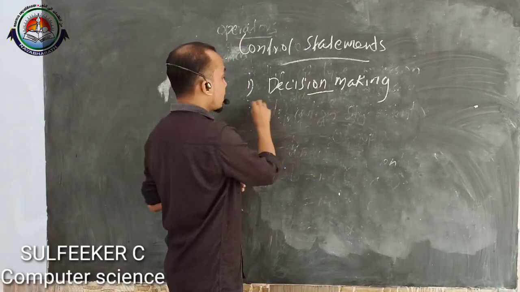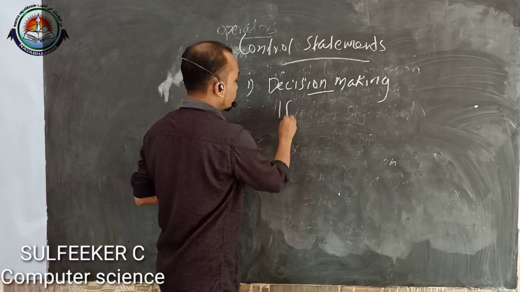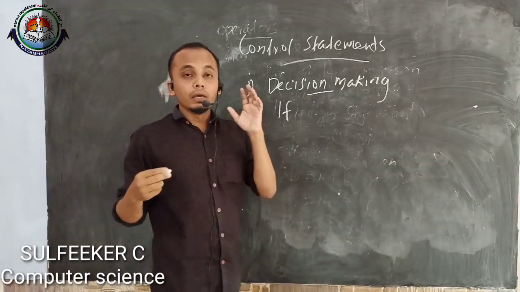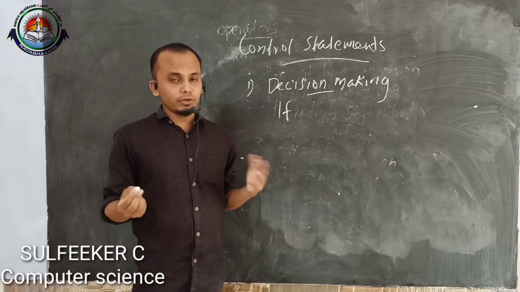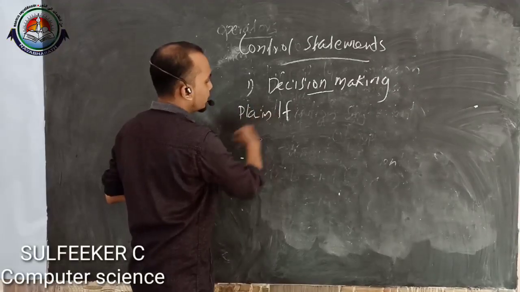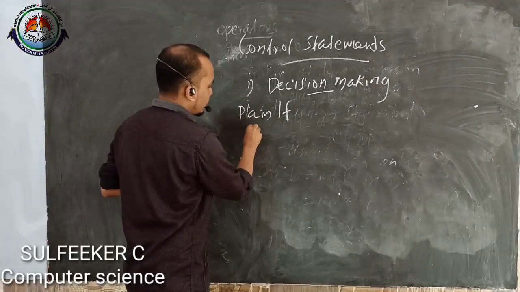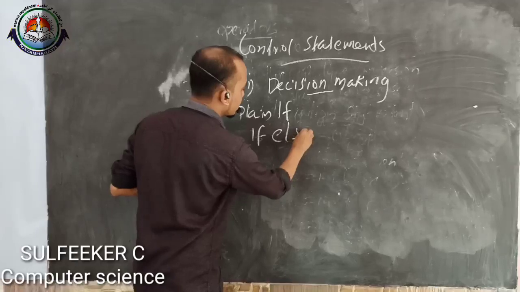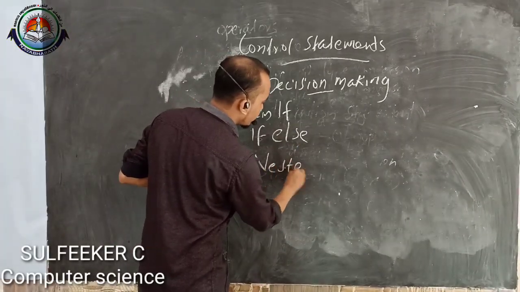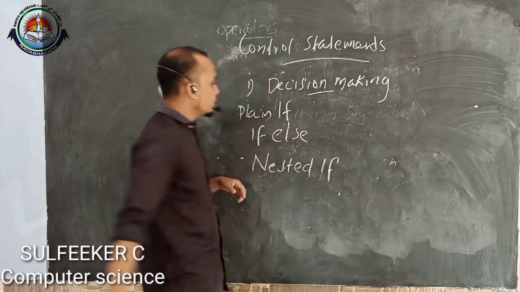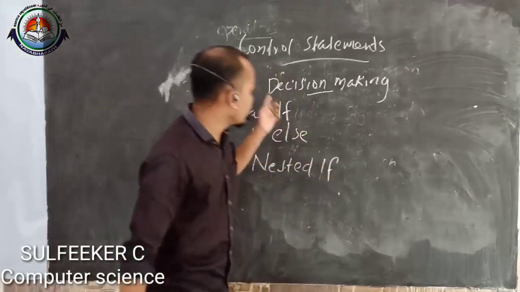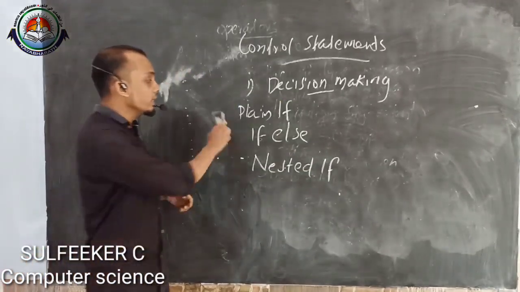Decision making statements are mainly divided into simple if or plain if, different names are there, then if else, and another type is nested if. Plain if, if else, nested if. Okay, these are the three types of decision making statement.